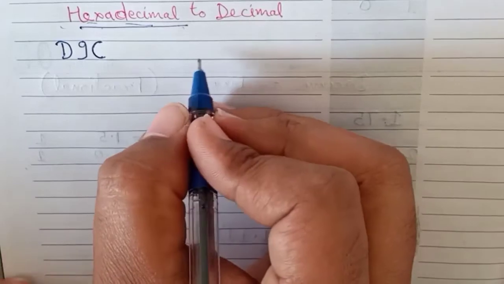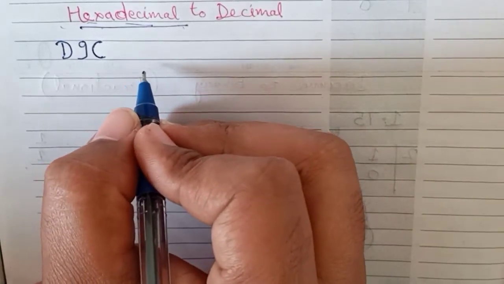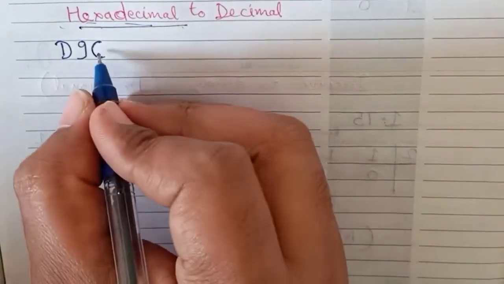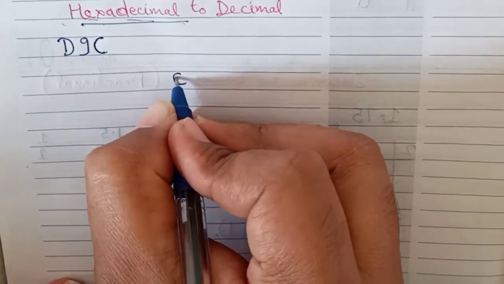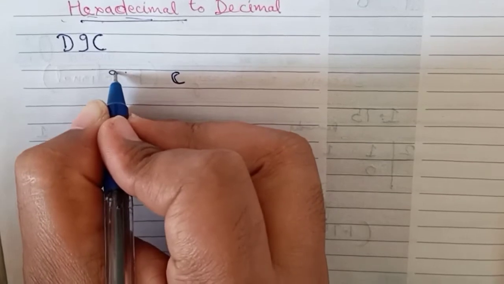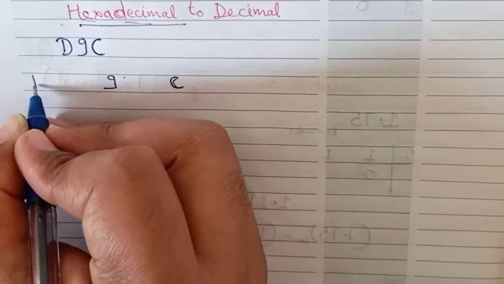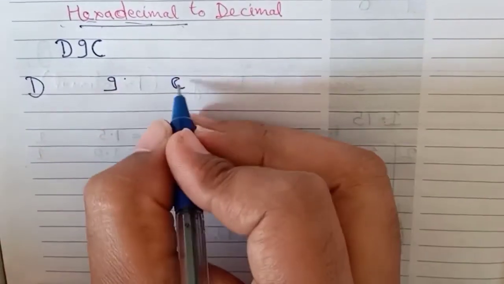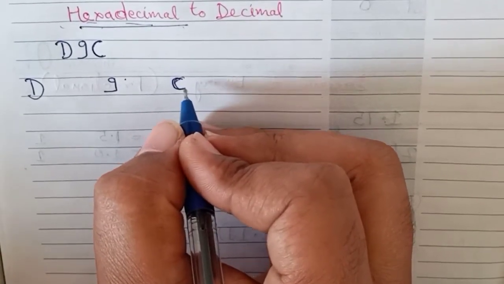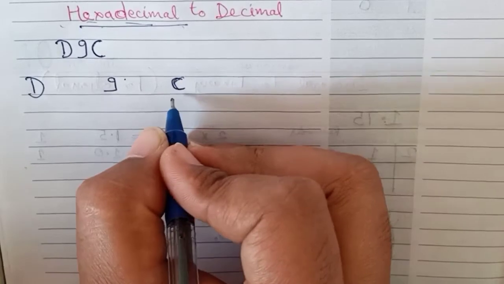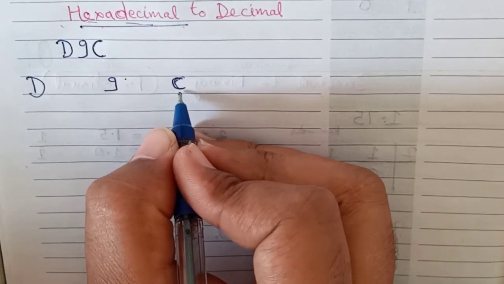Okay, so just like we did in octal, we will write these digits separately, C, 9, D, and multiply these values with the powers of 16. So what was the meaning of C?